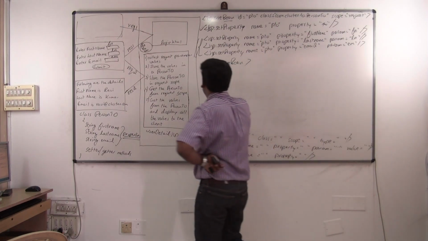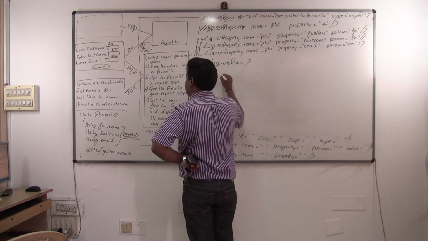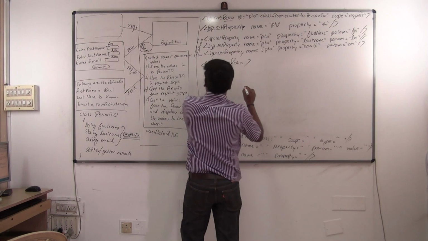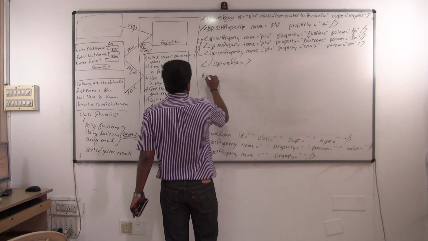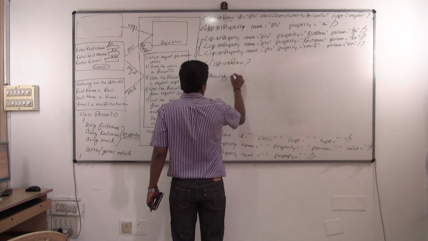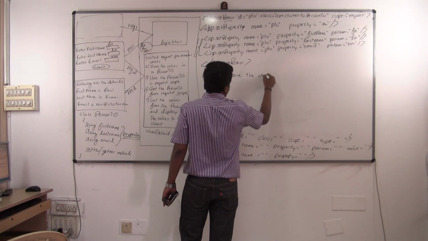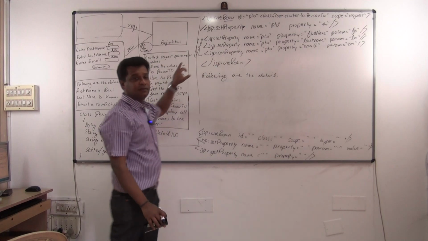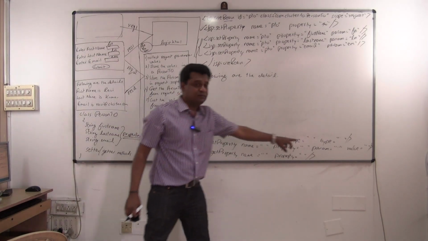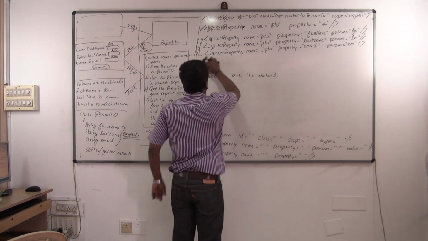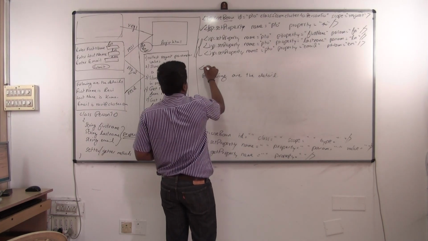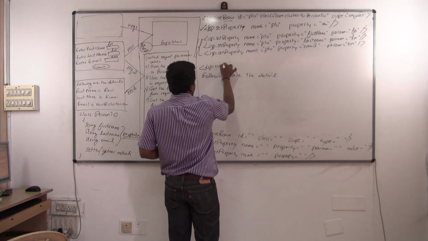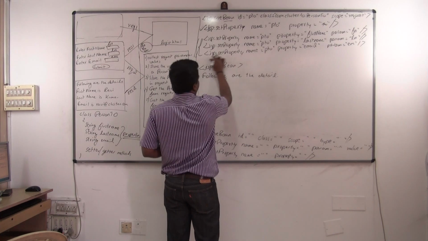How will I display it? Your first name is, now your details. Following are the details. This is HTML now. Following are the details. Leave one line space here because I have to show you which one. Value attribute also. One line space you leave here. I'll write it later.